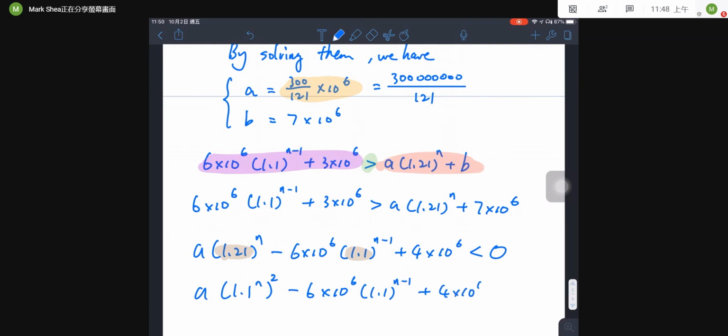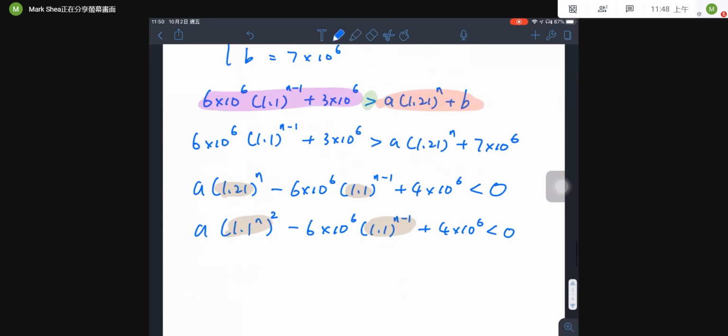However, we still have the problem that in the first term we have 1.1 to the power n, but in the second term we have 1.1 to the power n minus 1. So how can we make them the same term? We need to write both as 1.1 to the power n.